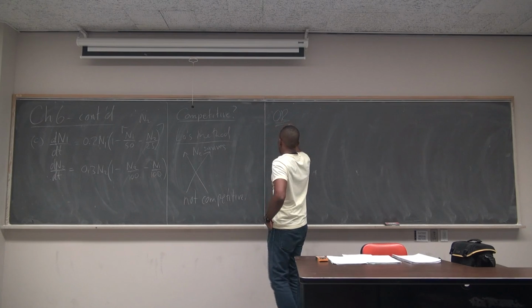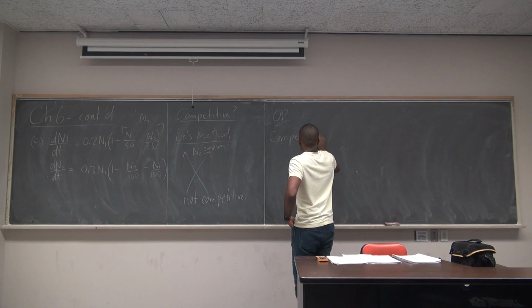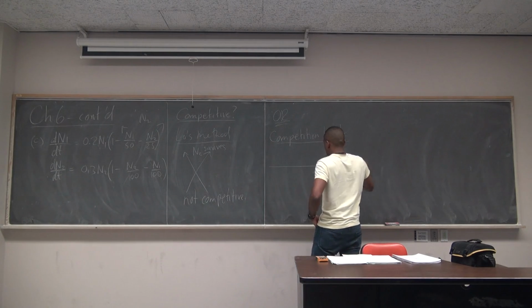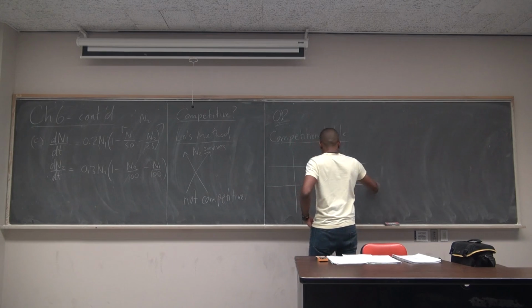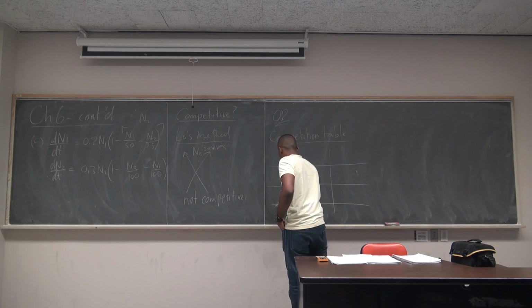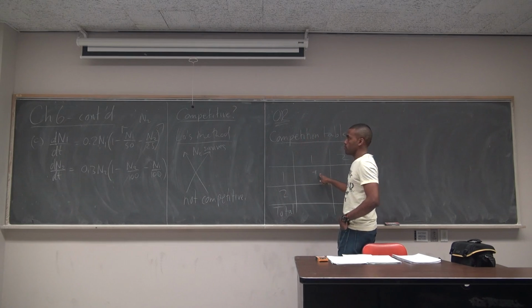Or we could have done a competition table. In the solutions, I put both ways in case you like one more than the other. So what would go here?